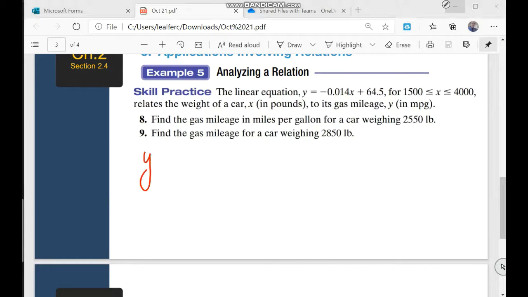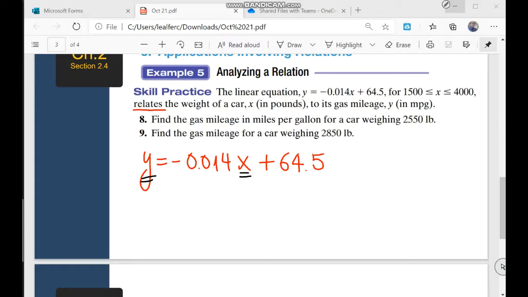The linear equation is going to be y equals -0.014x plus 64.5. So this linear equation represents a relation. Which relation? It says here it relates the weight of a car, where x is going to be the weight of a car, and y is going to be the mileage of this car.